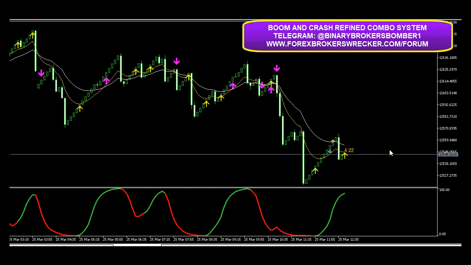It was below the moving averages. Okay, this is 5-minute time frame because this is Crash. We are trading up. The best time to trade on Crash when you are trading up is to trade above the moving averages.